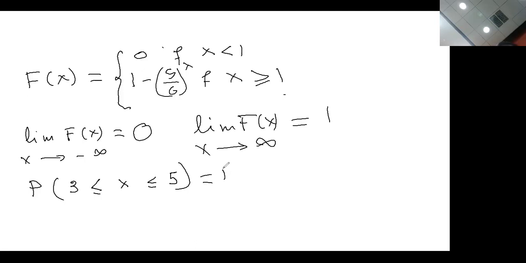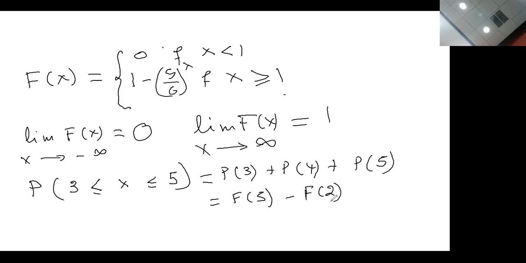It will be P of 3 plus P of 4 plus P of 5, which is actually f of 5 minus f of 2. Can you see that it's f of 5 minus f of 2?